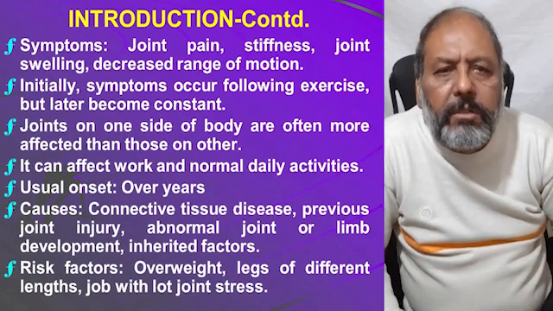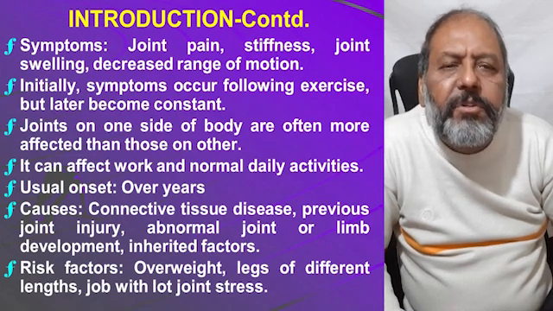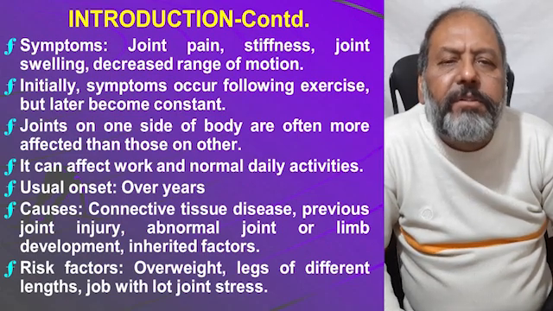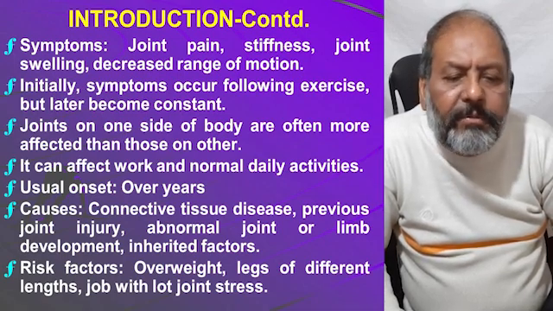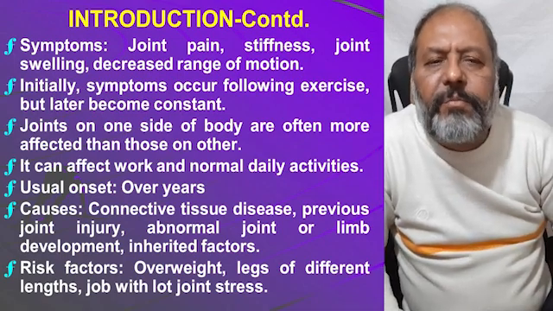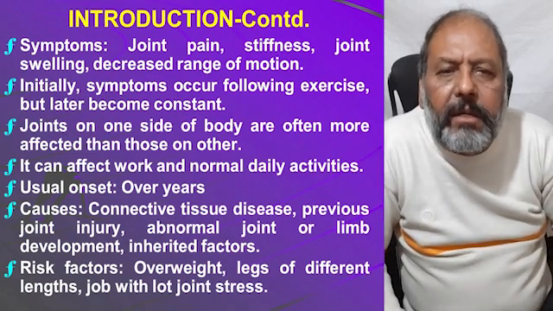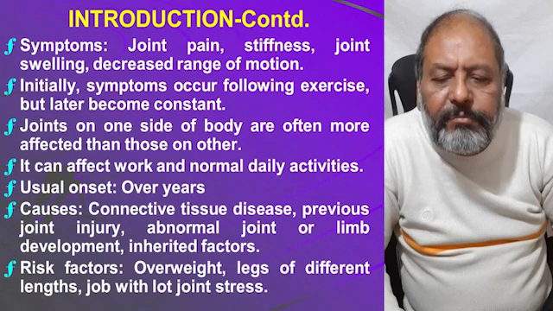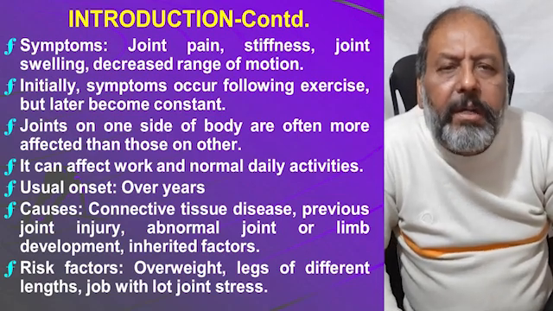It just does happen. Causes are connective tissue disease, previous joint injury, abnormal joint or limb development, and inherited factors are also blamed. Risk factors are being overweight, legs of different lengths, and jobs with a lot of joint stress.